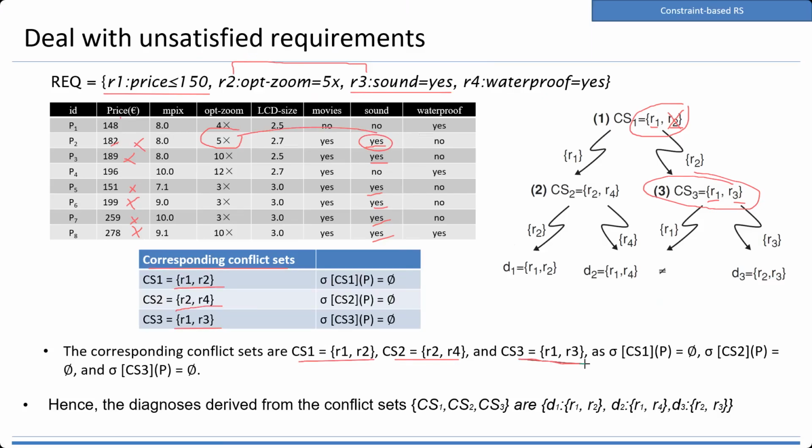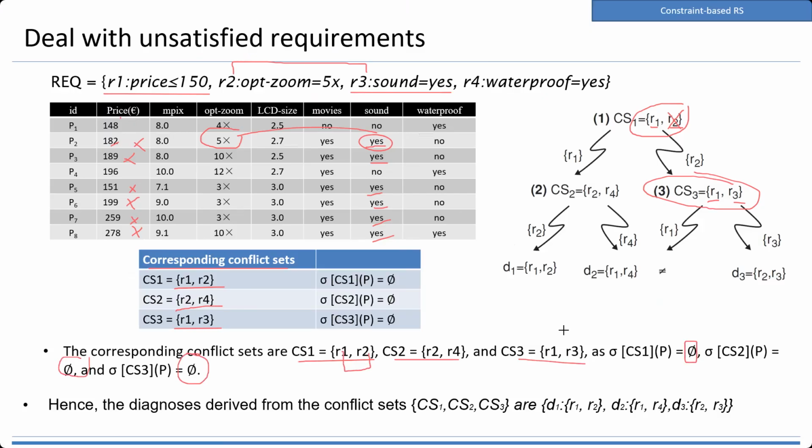This is the conflict set because when we combine those two requirements, it produces empty. So we want to remove requirements so that we can have at least one solution.